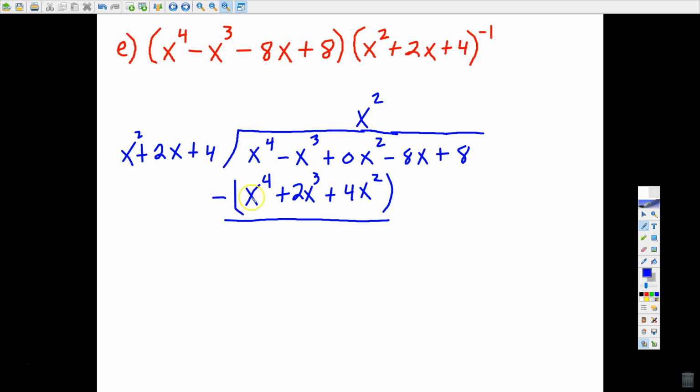The x to the fourths cancel. Negative 1 minus 2 is negative 3x cubed. 0 minus 4 is negative 4x squared. Bring down the next term. And now divide. X squared goes into negative 3x cubed, negative 3x times.